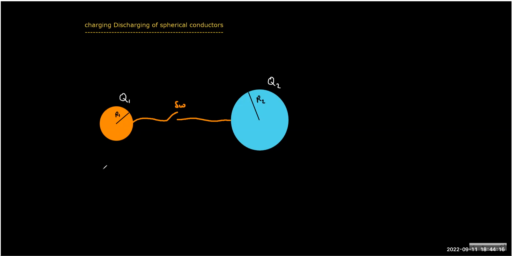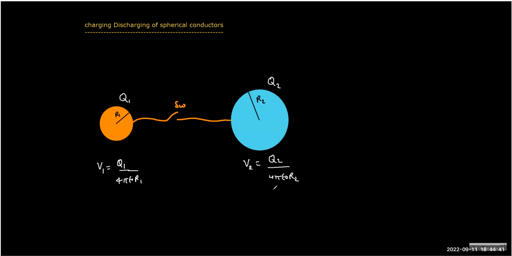So what is the potential of the first conductor? The potential of the surface is KQ1 by 4 pi epsilon naught R1, right? And what is V2? Q2 by 4 pi epsilon naught R2. Obviously, we have no idea what is happening.